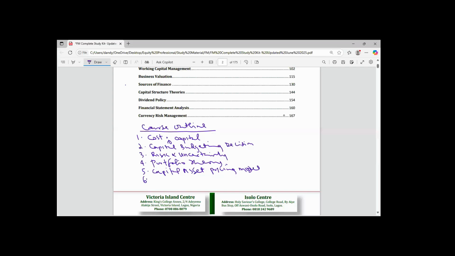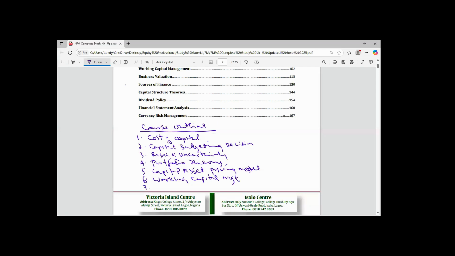Number six, I will take you through working capital management. Again, under performance management, you have done working capital. So these are some of the topics that were taken away from performance management and put in financial management. So it's a bonus for you.